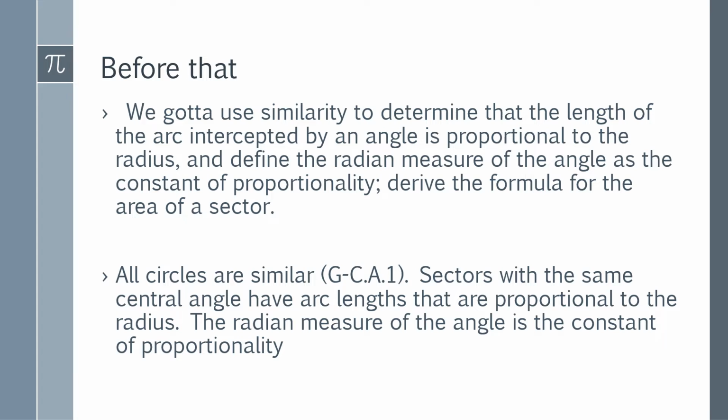You don't have to really derive the area because that's going to be taken care of. And then you also have to talk about all circles are similar. Circles with the same central angle have arc lengths that are proportional to the radius. The radian measure of an angle is the constant of proportionality. Whew! That's a lot that we gotta deal with, but we're gonna make it.